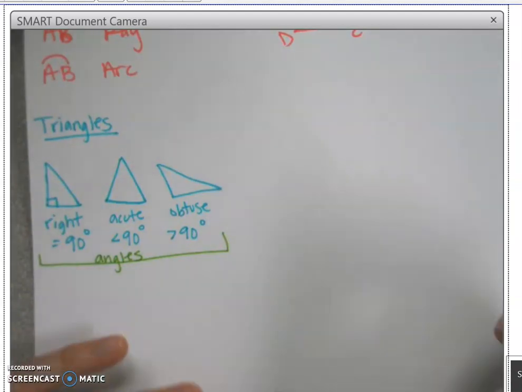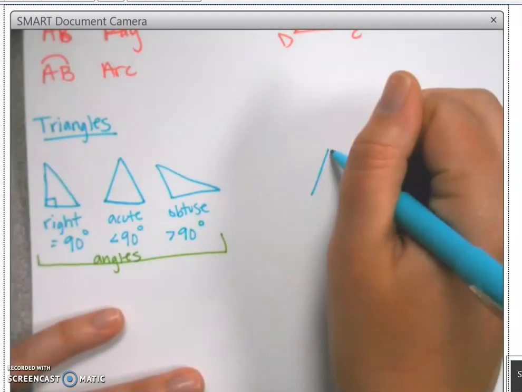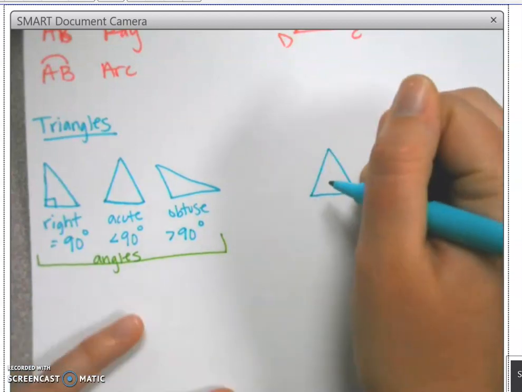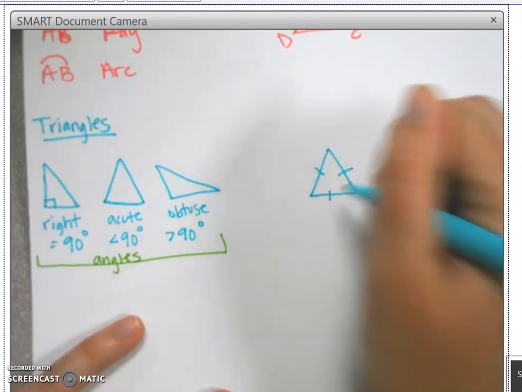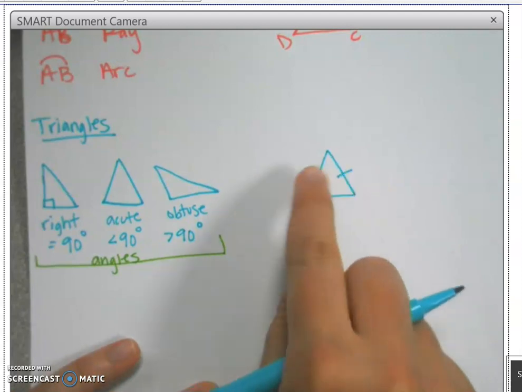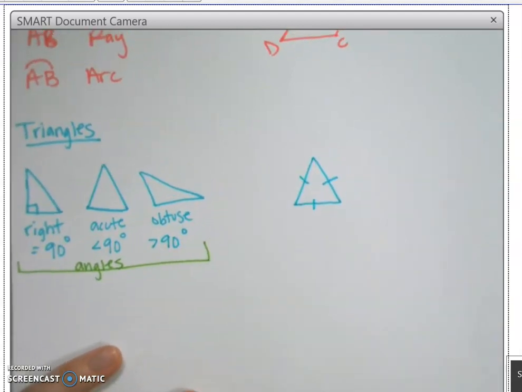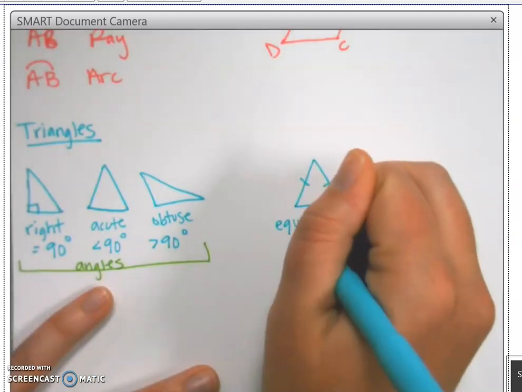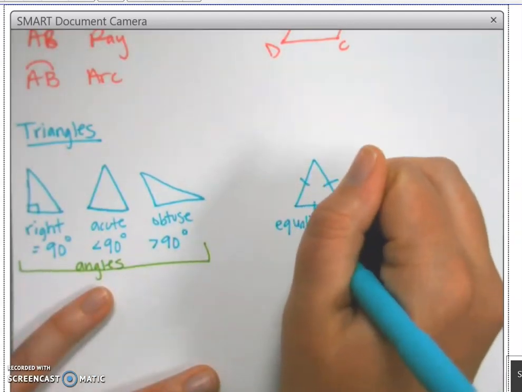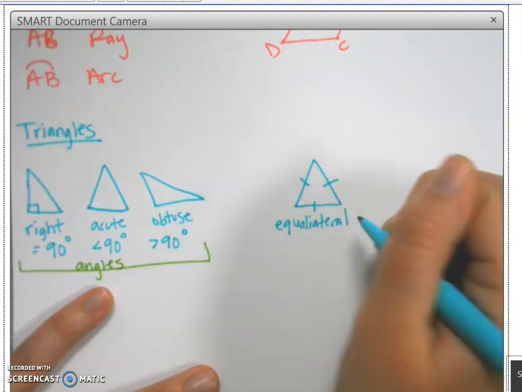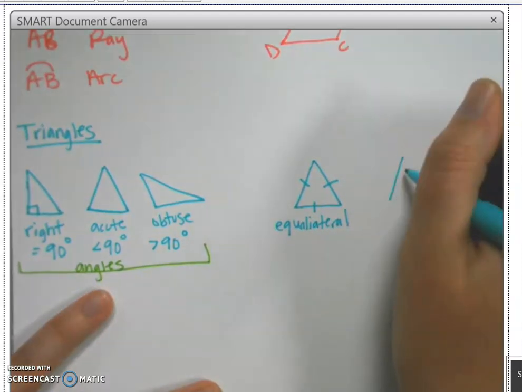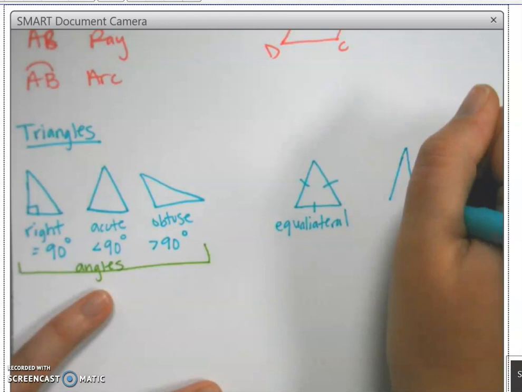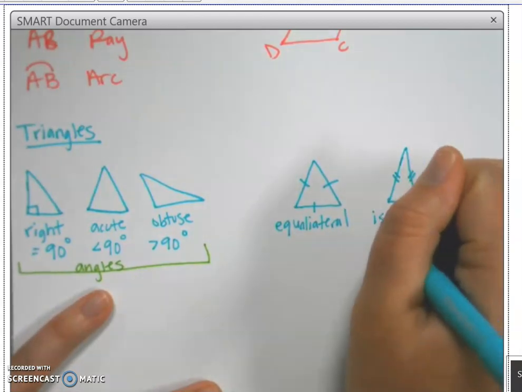We can also name triangles based on their sides. So if I have 3 equal sides, and I know this because of the tick marks, if they have the same number of tick marks, that means they're the same. This is called an equilateral. If two of them match, like this, that is isosceles.